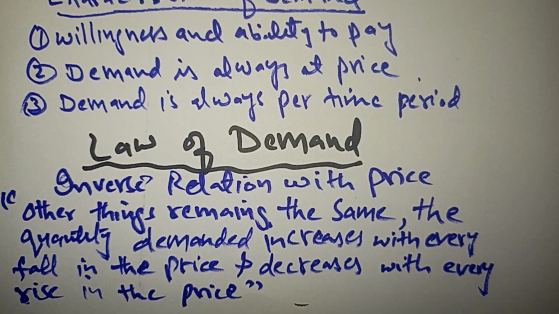It means that demand and price are interrelated but negatively. The law of demand states that people will buy more at lower prices and less at higher prices, other things remaining the same.